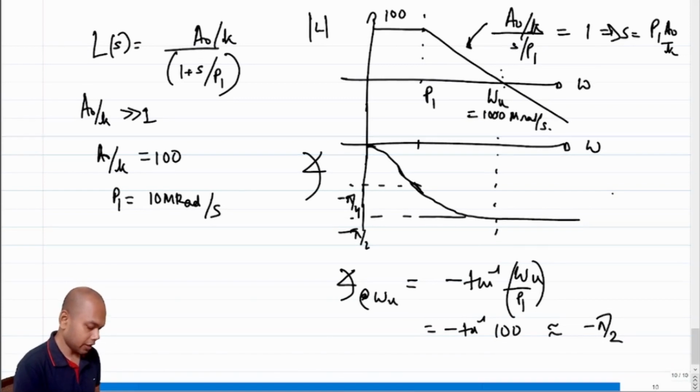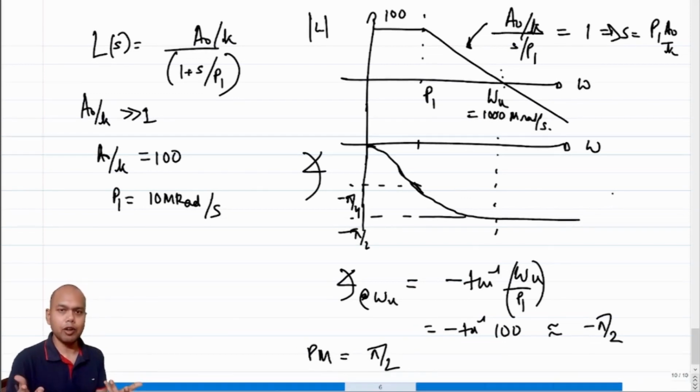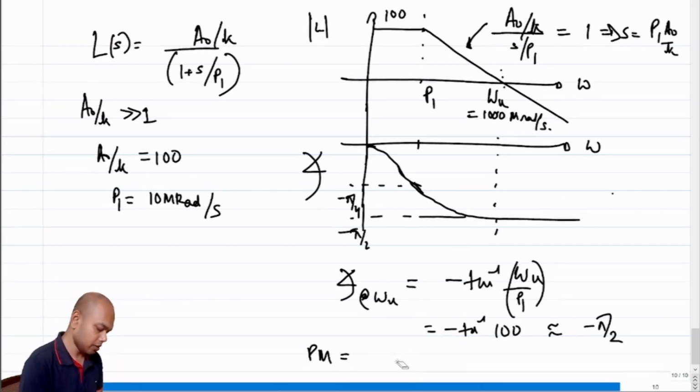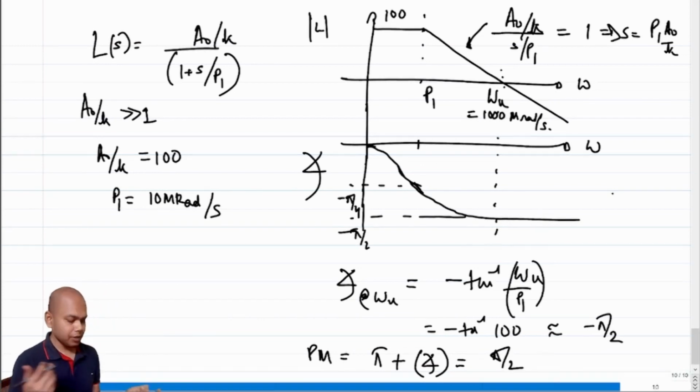So what is our phase margin? Pi by 2, because we are pi by 2 away in additional phase from getting to minus pi of total phase. Essentially phase margin is pi plus angle, which is pi minus pi by 2, or pi by 2. So our system is stable.